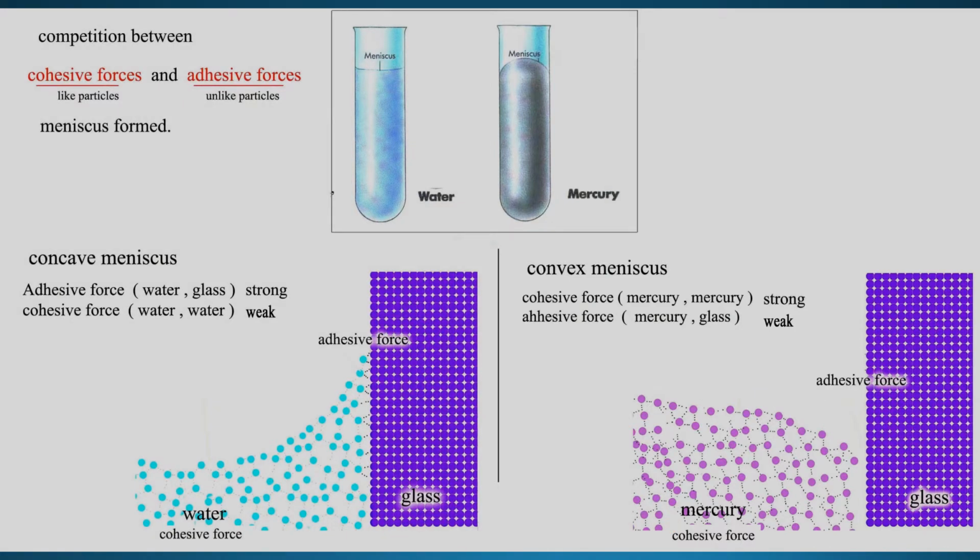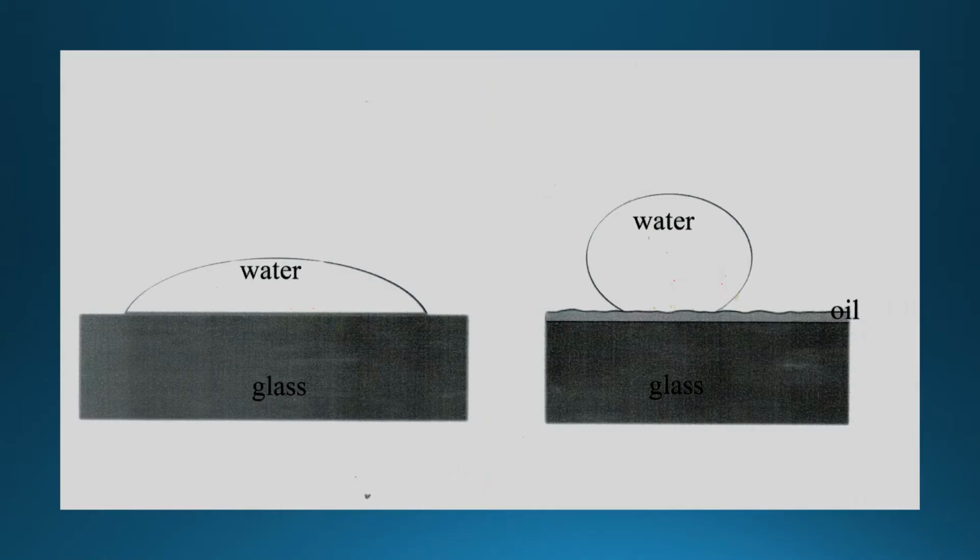So now let's look at more examples. Look at the first example, glass and water. If you have a piece of glass and you drop one droplet of water, that will be the shape of the water. The drop will look like this, looking from the horizontal. Why would it look like this?